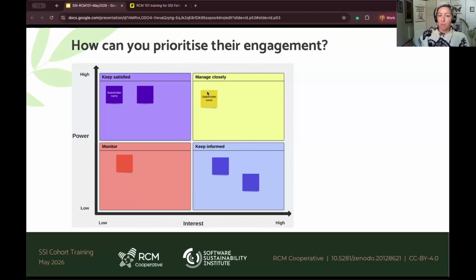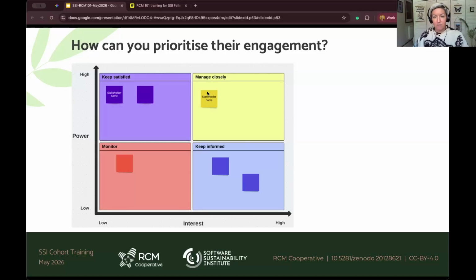So if someone has high power but isn't particularly interested in the project, you just need to keep them satisfied, keep them happy with whatever requirements they're asking of you, whether it's reporting or KPIs or anything like that. If someone is very interested but potentially not too influential, you can manage them differently.